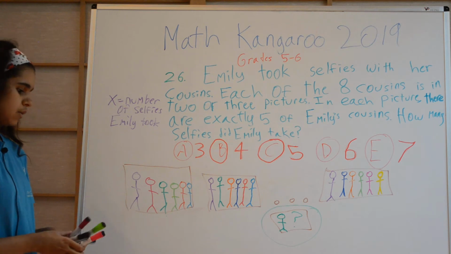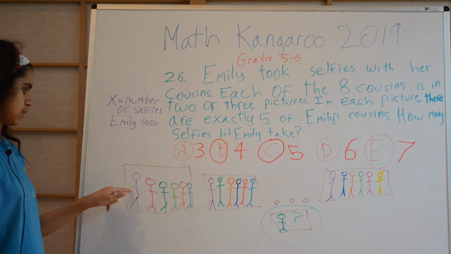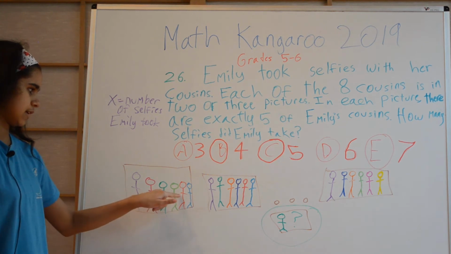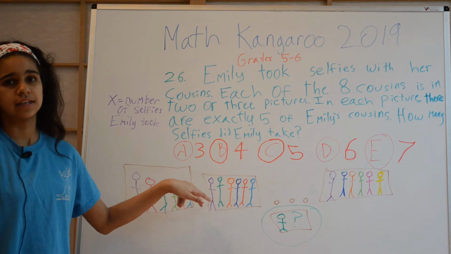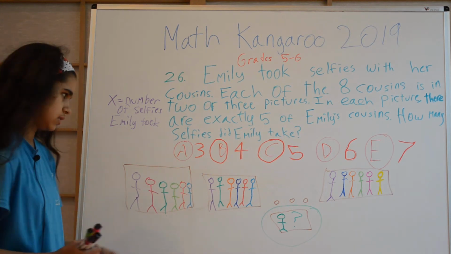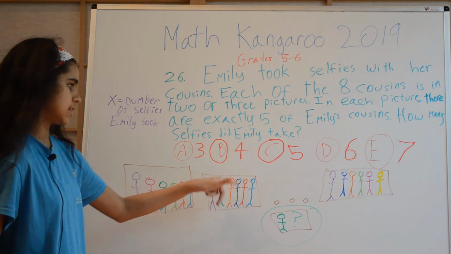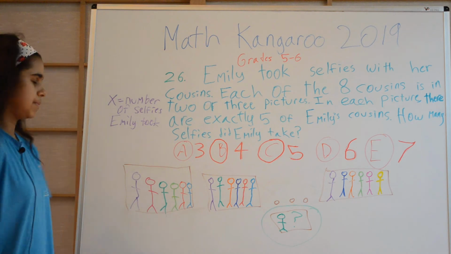For example, what I mean by the total number of cousins here is if we would count, there's 1, 2, 3, 4, 5, 6 cousins, and then in this picture we'll count these cousins again just because we're counting the total people. We don't care if they're the same person or not. So 7, 8, 9, 10, 11, 12, 13, 14, 15, 16, 17, 18 people here.